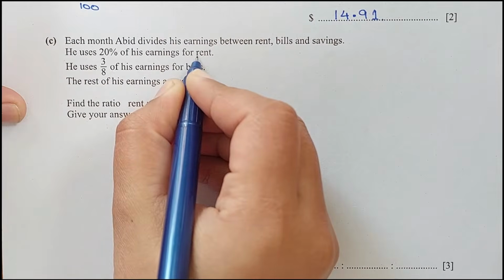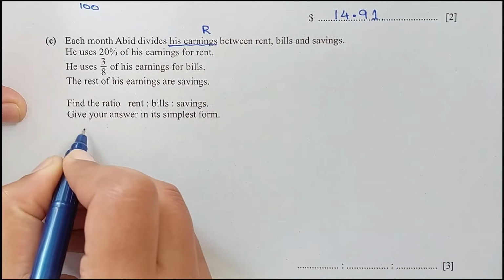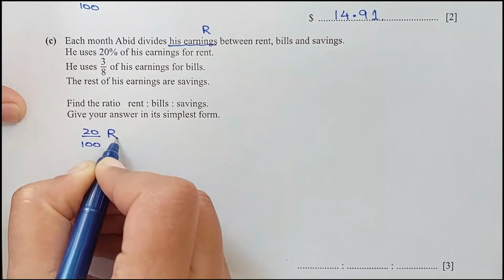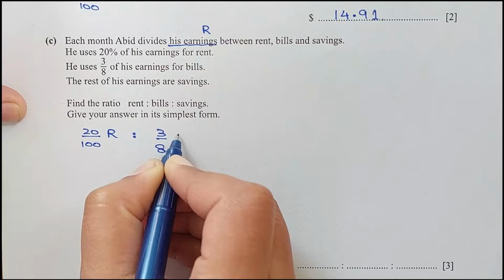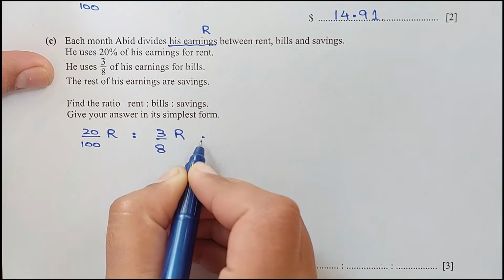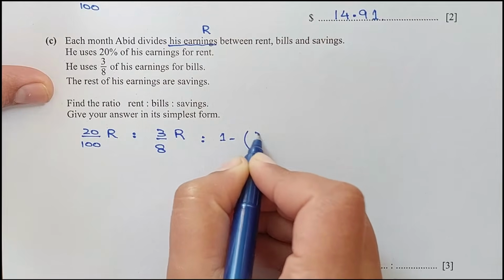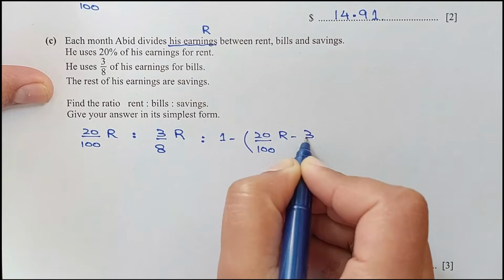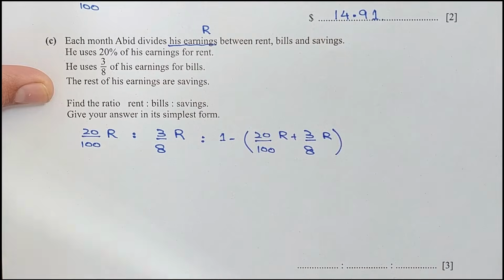If we say that his earning is R, then 20% of R is the rent, and 3/8 of his earning R is for bills. The rest is 1 minus 20 over 100 minus 3 over 8. The rest from the total we have to subtract.